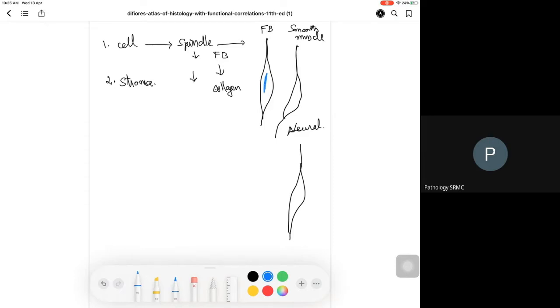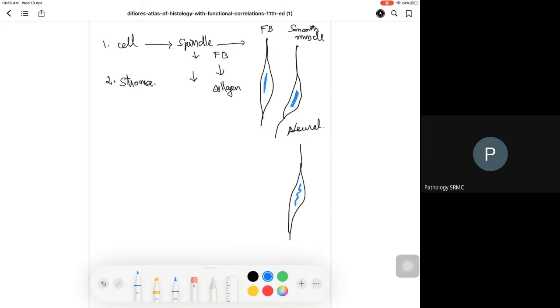Smooth muscle will be blunt on both ends, and we call it cigar shaped. And the neural tissue will have a wavy nucleus. So, by looking at the nucleus, you can tell whether it is fibroblast, smooth muscle, or neural.